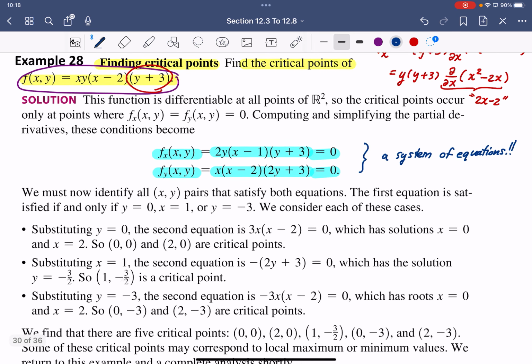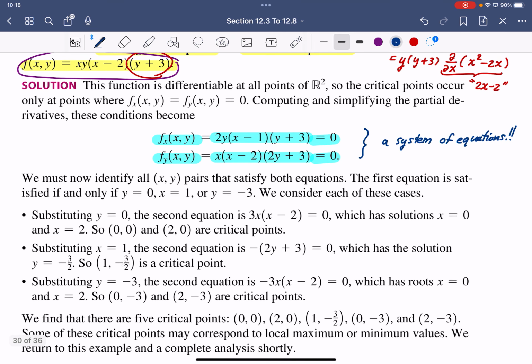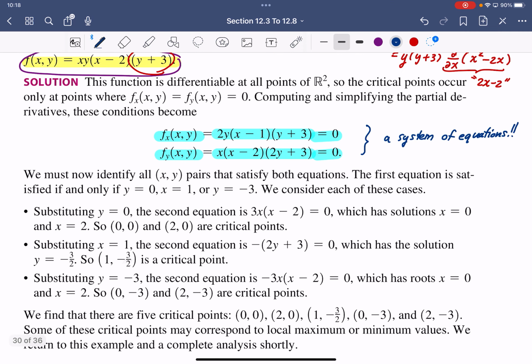People have a hard time solving this one, but usually when you have a system of equations, you solve for x and y by trying to get rid of one variable first, making one variable the same, and then you add them up or cancel them. So you're going to have the solution for x and y.